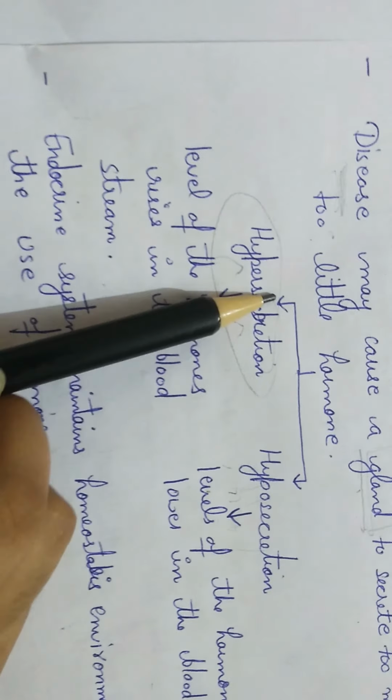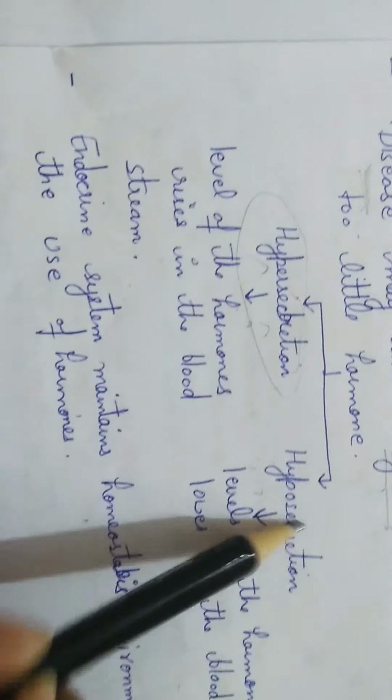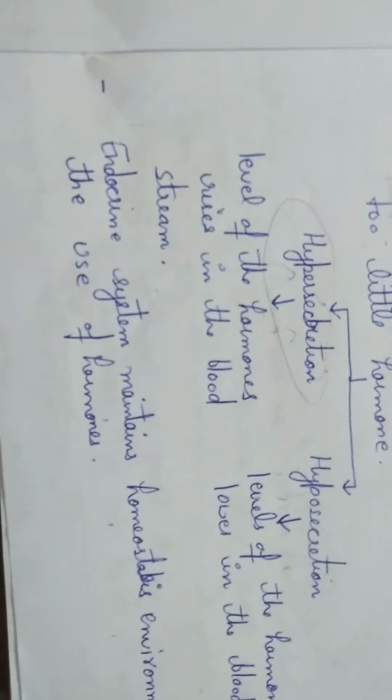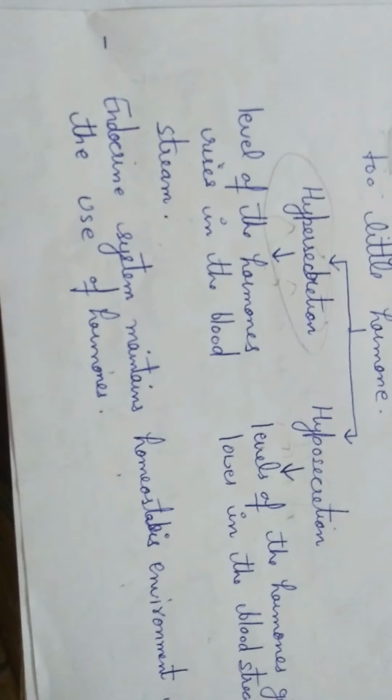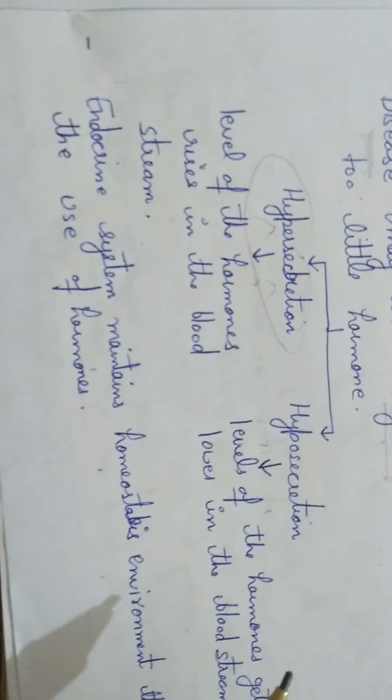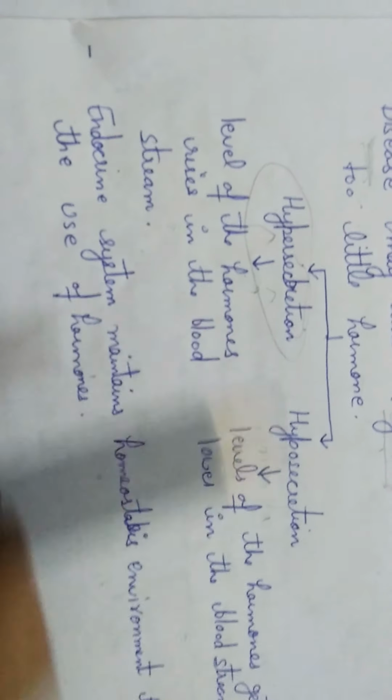There is a hypersecretion of a particular hormone in some kinds of disease, and a hyposecretion in others. So this point should be clear. In this way the endocrine system also maintains homeostasis. There are two mechanisms in our body, the positive feedback mechanism and the negative feedback mechanism. This secretion is controlled by those mechanisms.